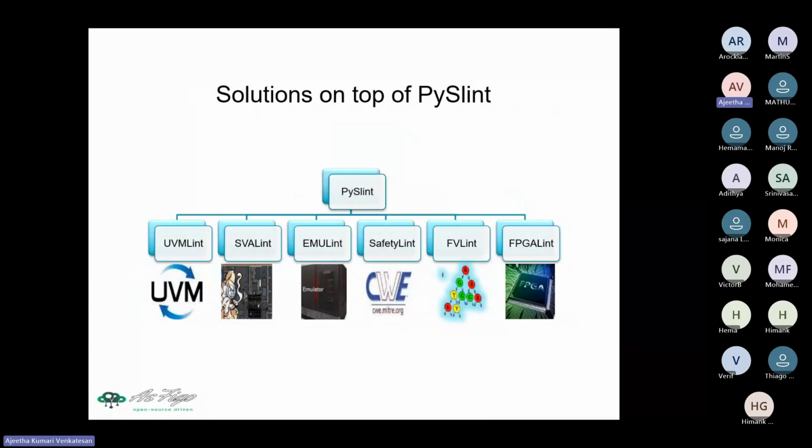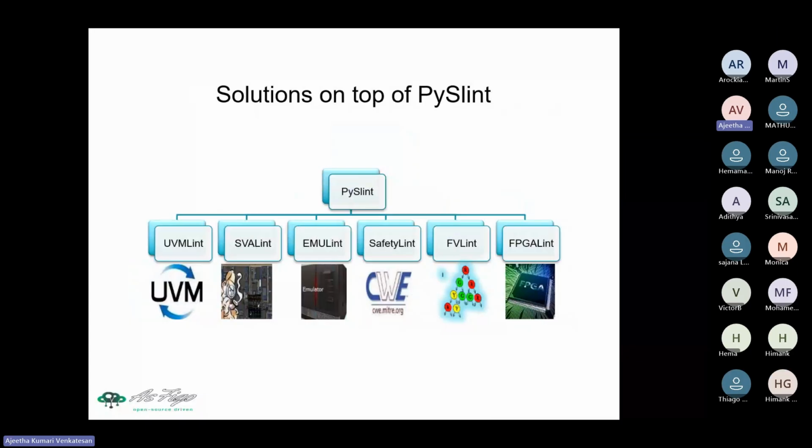All right. So our product line based on BYOL, we have multiple lints, starting from UVM lint, and then move on. We have SVA lint, which is focusing on system level assertions, and then EMU lint, that is specifically targeted for emulation rules. And then we have safety critical rules that are under safety rules.